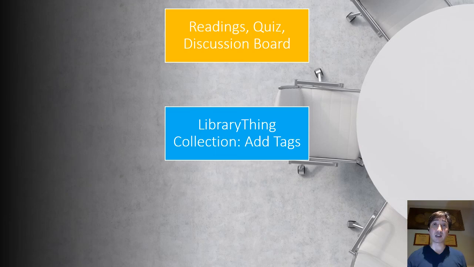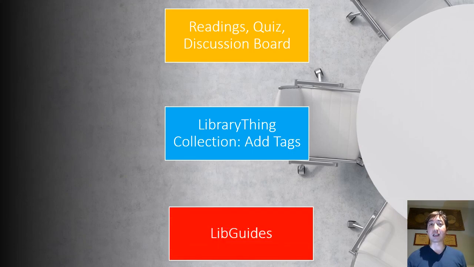Catalogers use subject headings that are a standardized way to assist in finding materials, but tags are an informal way to also support this. And since this isn't a cataloging course, we won't be walking down that road of standardized subject headings. You will also be setting up your LibGuides account.